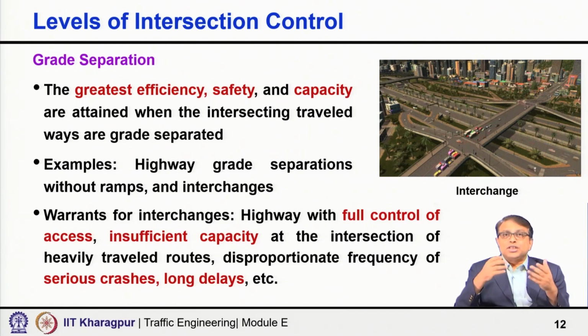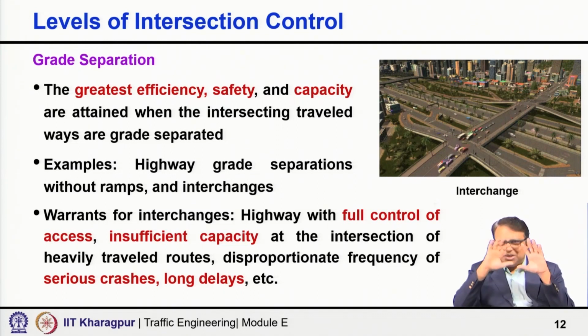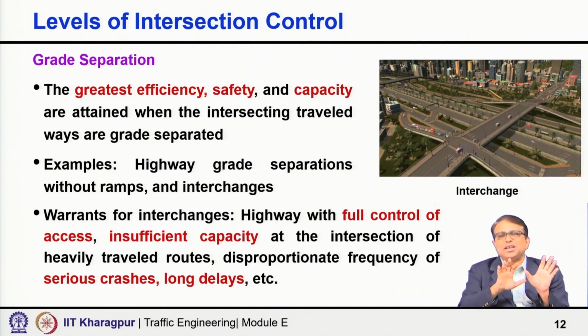Or even disproportionate frequency of serious crashes, where a lot of crashes and delays are happening at intersections. Under that kind of situation, where nothing else is working in terms of safety and efficiency, you will go for grade separation.